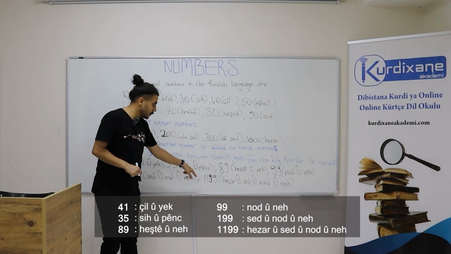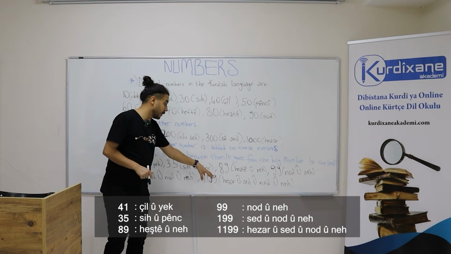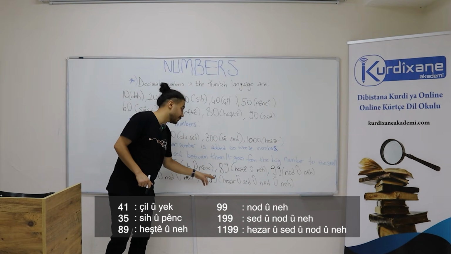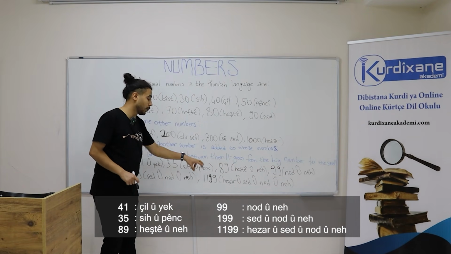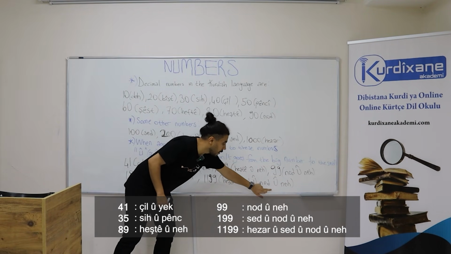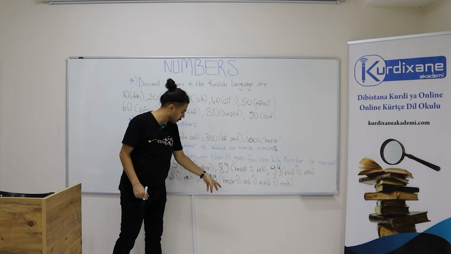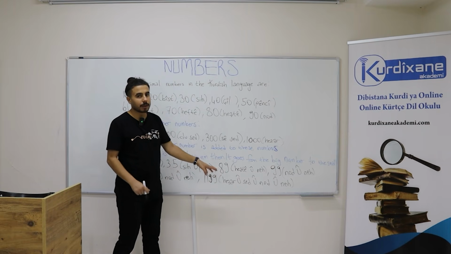1199. First, from the big number to the small one. Hazar, 1,000, said, 100, nod, 90, neh, 9. But don't use these u's in between them. Hazaru sedu nodu neh, 1199.